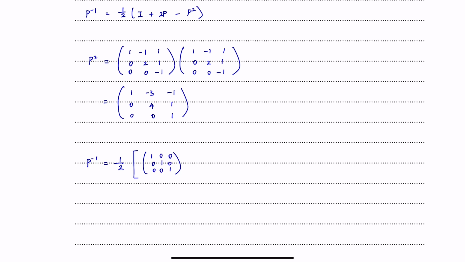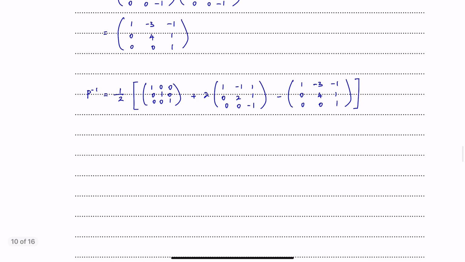So it's just like this, plus 2P minus P squared. So we just do like a normal plus and minus.